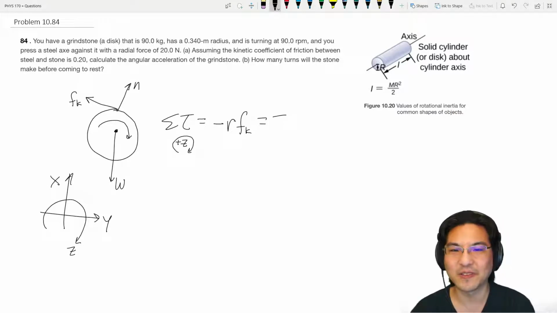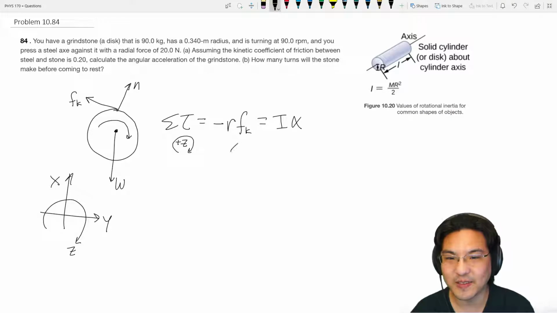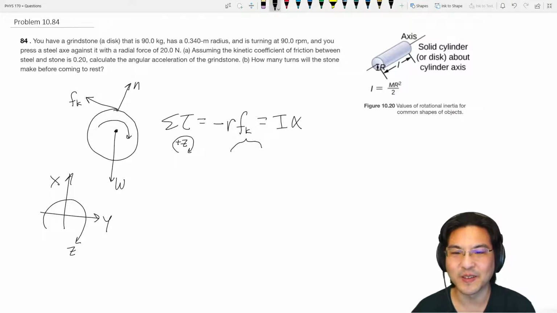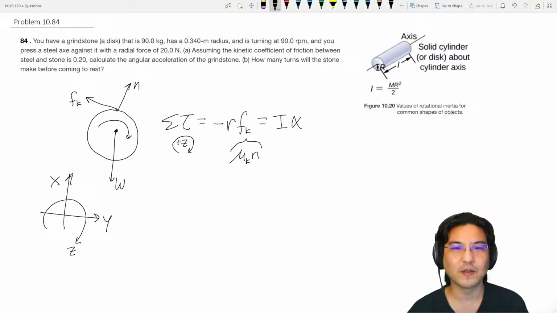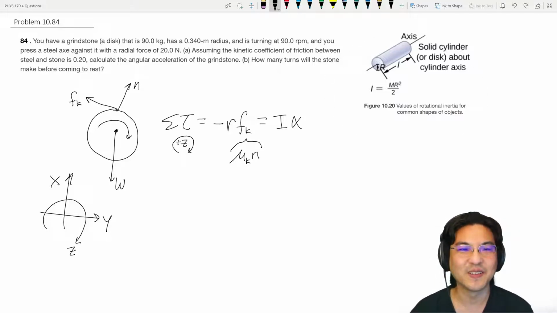That equals I alpha. Then this friction is the coefficient of friction times the normal force. And I brought the moment of inertia from the appendix for a reason right there.